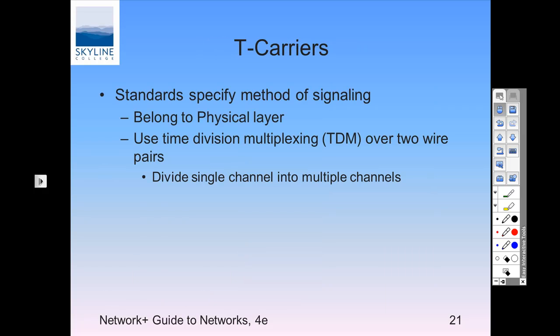T-carriers belong to the physical layer. We said that these are layer 1 and layer 2, so the T-carriers are a physical layer. Time division multiplexing over the wire pairs. With time division multiplexing, you get a specific amount of time to send your data. With CSMA/CD, you have access to the media until you no longer need it.